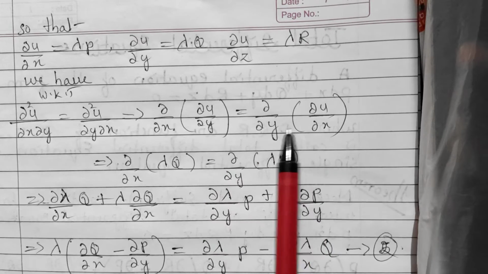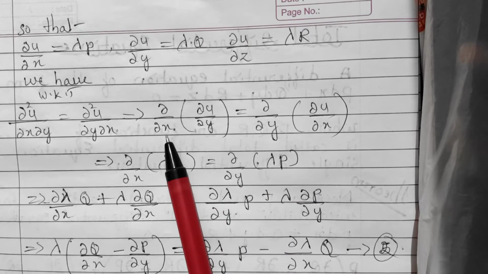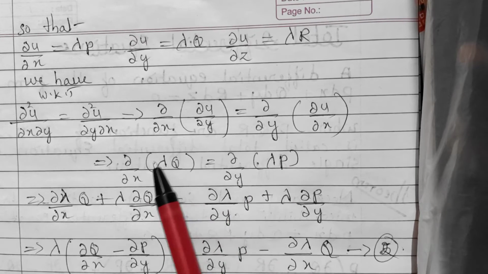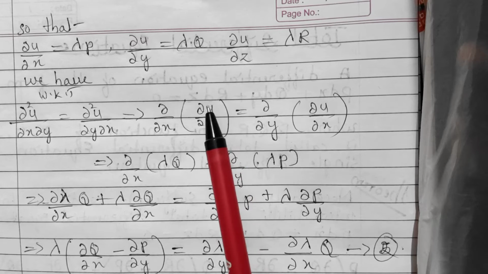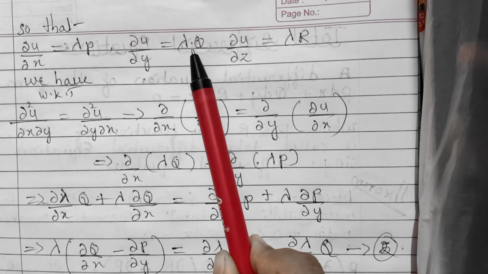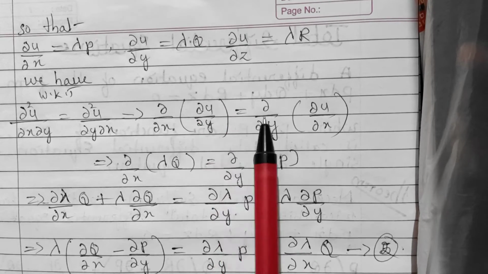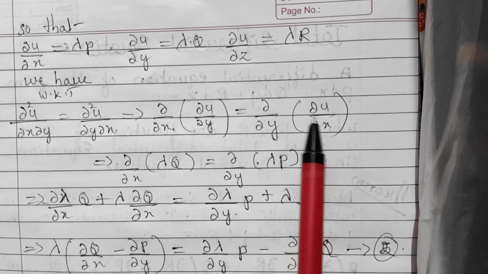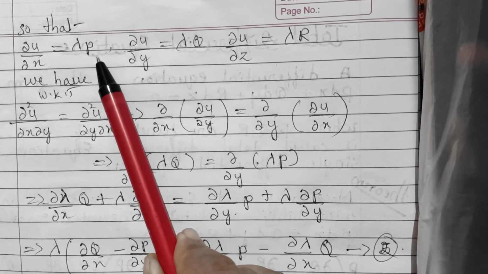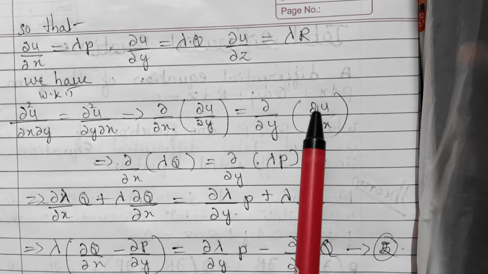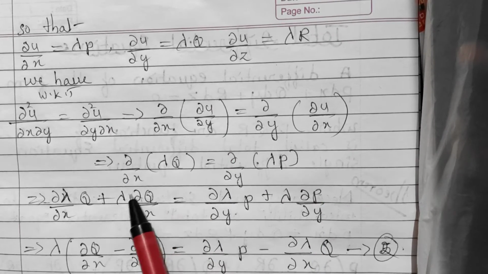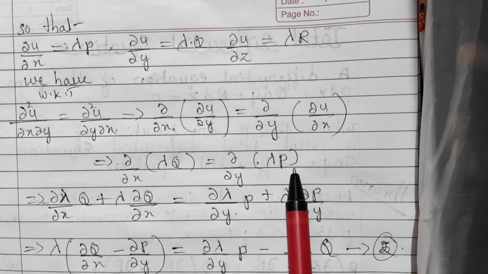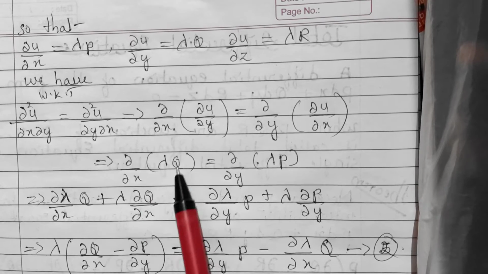Here you take dou u by dou x common and here you take dou u by dou y outside. Therefore, we know that dou u by dou y value is nothing but lambda q, and dou u by dou x value is lambda p. Putting these values, dou u by dou x into lambda q is equal to dou u by dou y into lambda p. So it comes under differentiation.